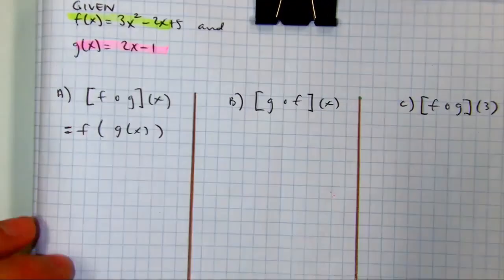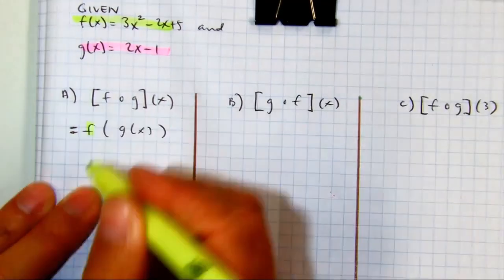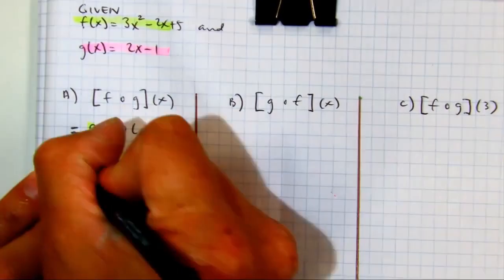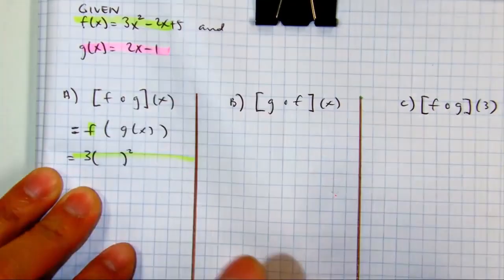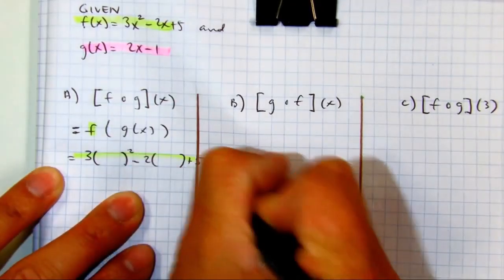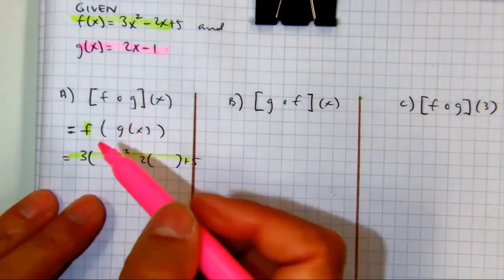What does that tell us? You're going to write the yellow one first. 3x squared minus 2 times x plus 5. Class, instead of writing x, you're going to write what?